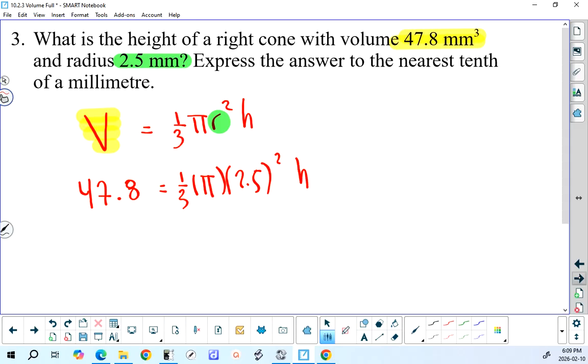Oh, this should be getting simple, everybody, because this thing here is just a number. So what you have is 47.8 equals that number multiplied by h. So to get h, we're going to have to calculate that number and then divide by it.